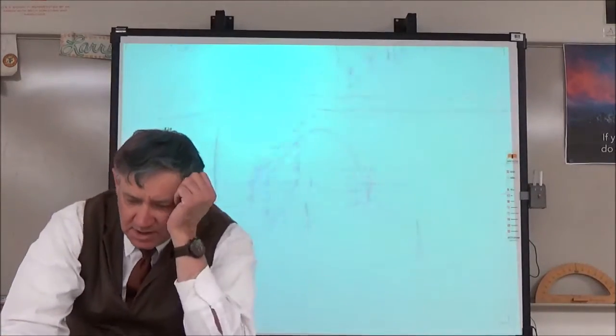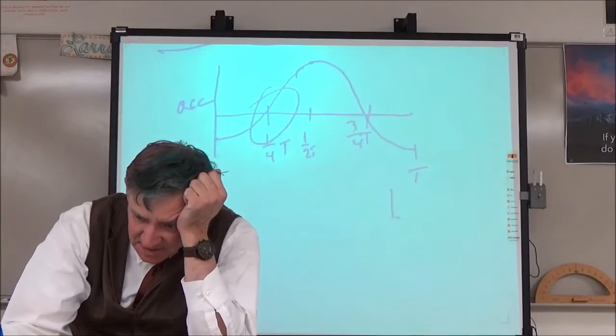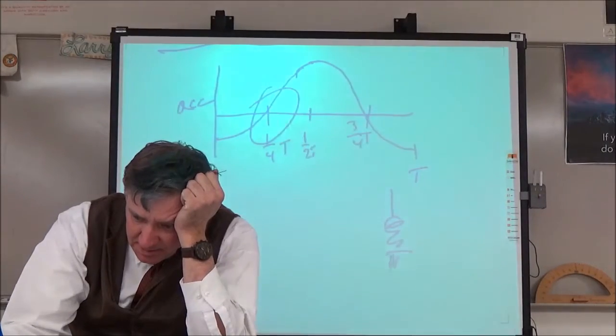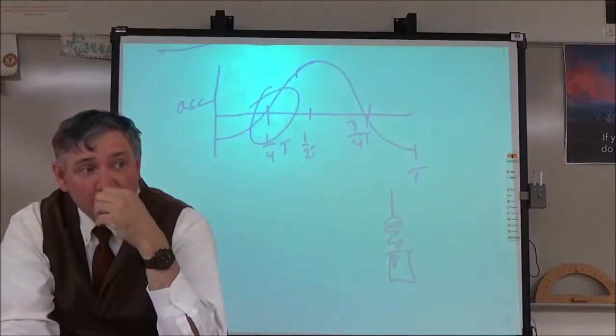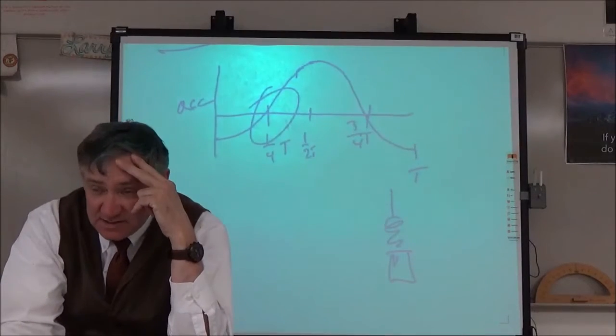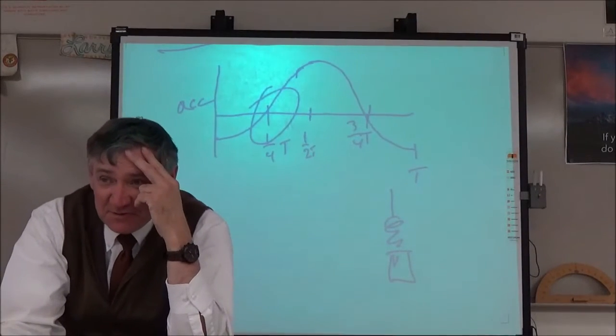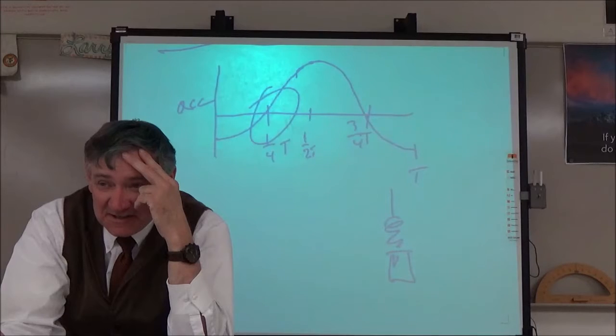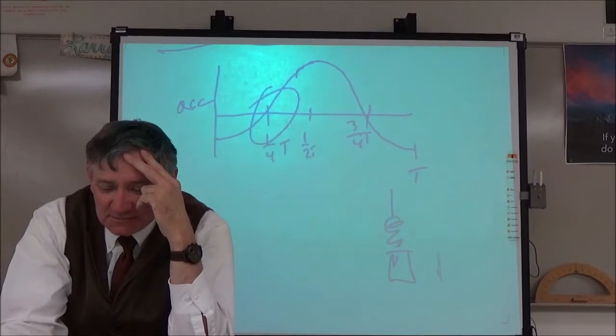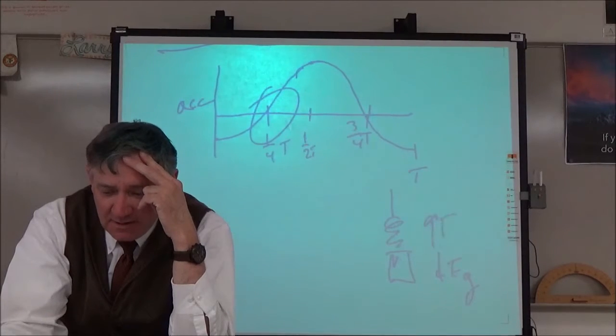So here's this oscillating spring. You're at that equilibrium point. What are the two forces acting on that system? Paige, what are the two forces? The gravitational force and the spring force. Yeah. Okay.